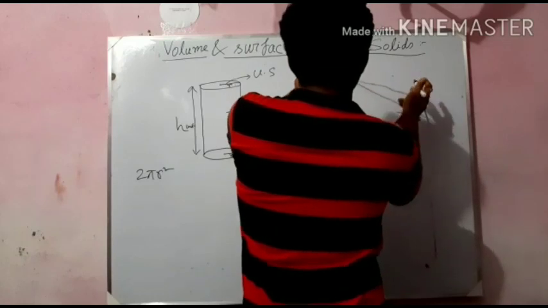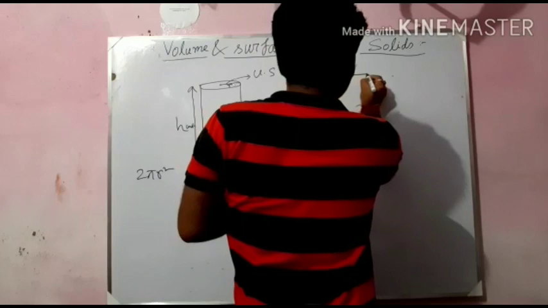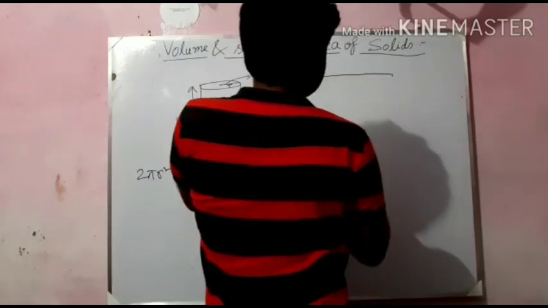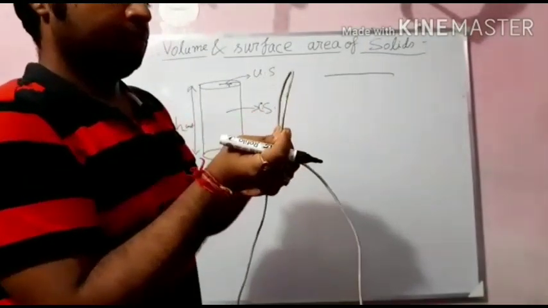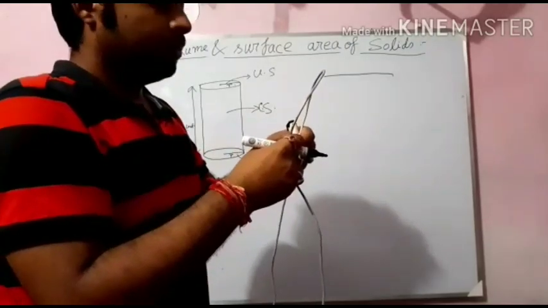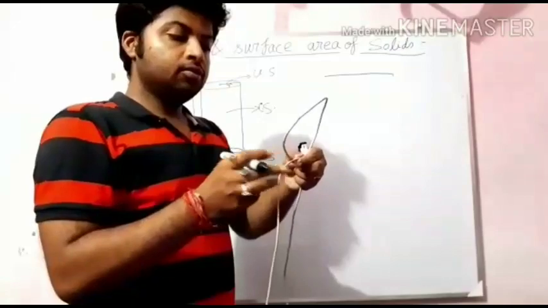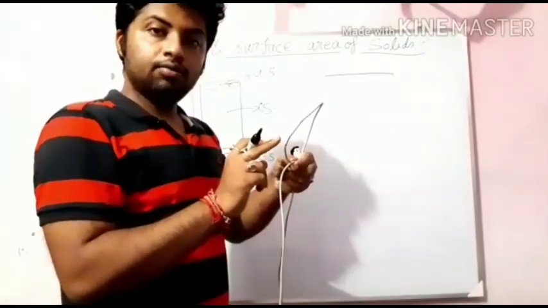I was taking this much of curved line for making a single round, and this is actually in circular shape whose radius is r unit.